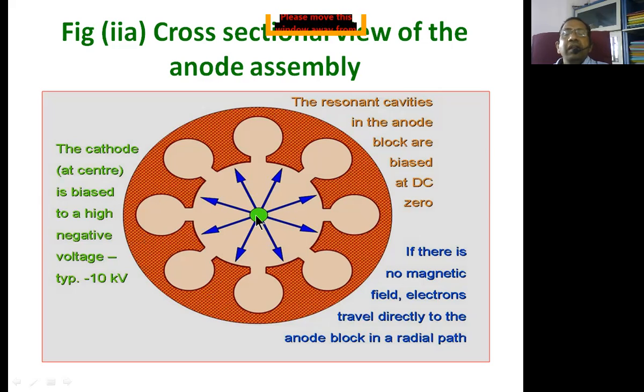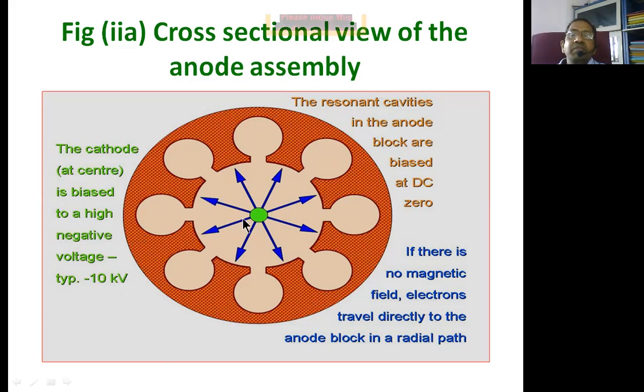The magnetic field is always applied perpendicular to this circular plane. Along the circular plane, what are the fields we have? The electric field lines. In the absence of the magnetic field, when the magnetic field is zero, the electric field lines are radial.